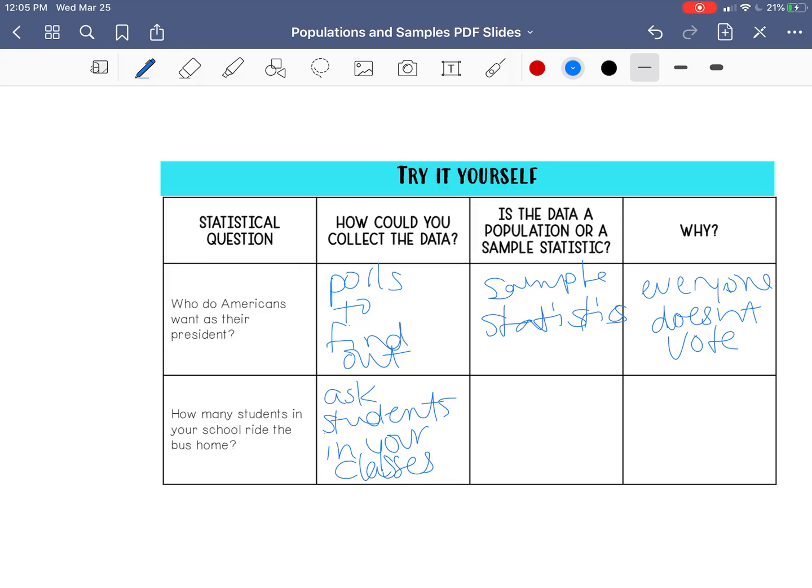If we're just asking students in our classes, is that going to be the entire population that we're questioning, or just a subset of that, which would be a sample? So of course, that would just be a sample of the entire school. And how do I know that? Because it's just part of the population.